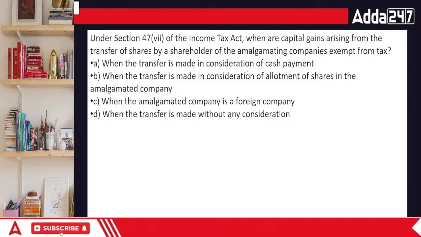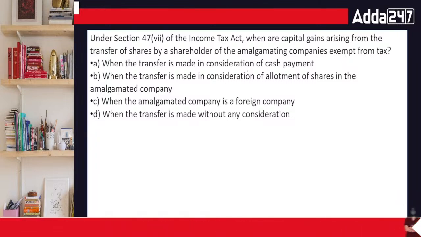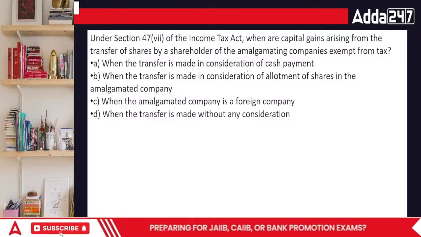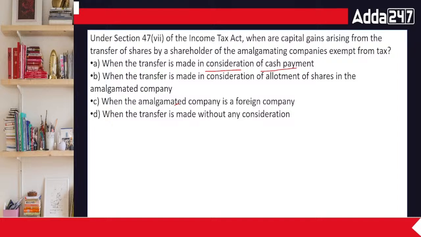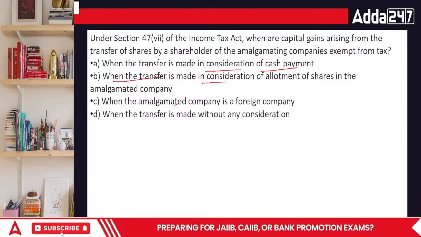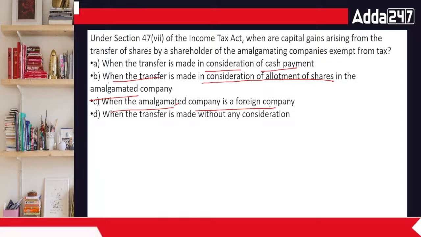Done, everyone? Under Section 47, subsection 7 of the Income Tax Act, are the capital gains arising from the transfer of the shares by shareholders of an amalgamated company exempt from tax when the transfer is made in consideration of the cash payment, when the transfer is made in consideration of allotment of shares of the amalgamated company, when the amalgamated company is a foreign company, or when the transfer is made without any consideration?